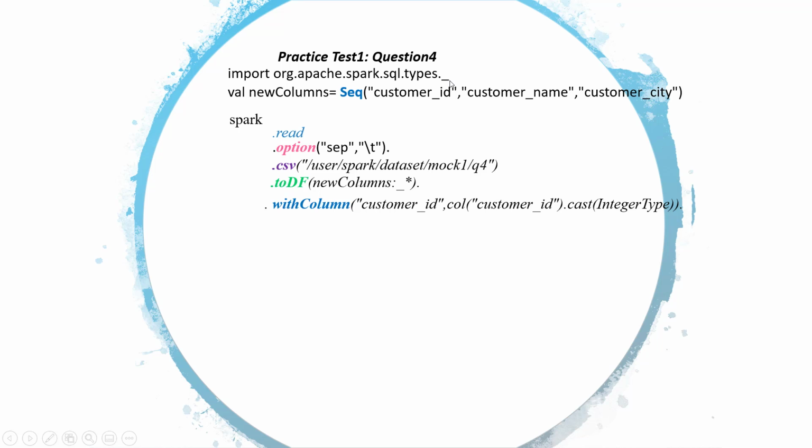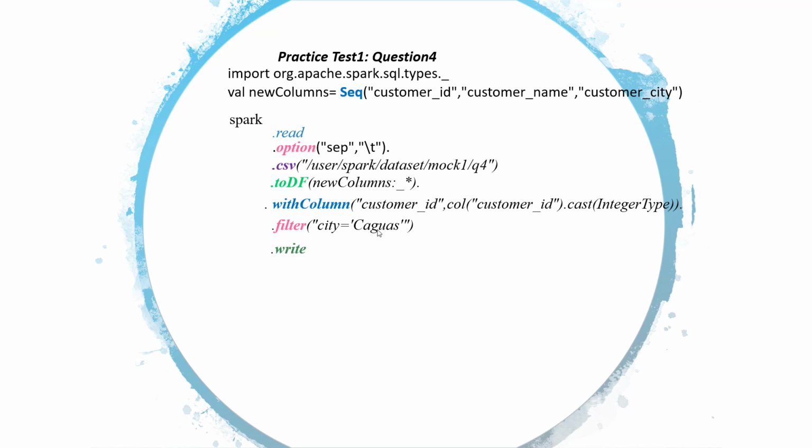So if you want to do any typecasting in the final output, make sure you remember this import step. Once my column is typecasted, I want to filter out all those customers that live in Kagos city. So I am using the filter API and saying city is equal to Kagos.